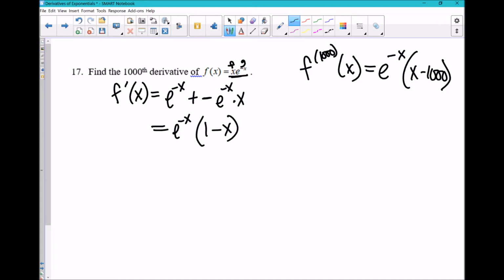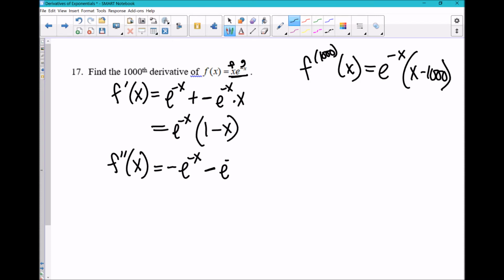Similar to one we did before. Let's see what happens with our second derivative. I'm going to use the unfactored form to do that. Derivative of e to the negative x is negative e to the negative x. Now, notice this is the opposite of what we originally took the derivative of. And so if I took the derivative of this again, it would be this entire function right here, just the opposite sign.